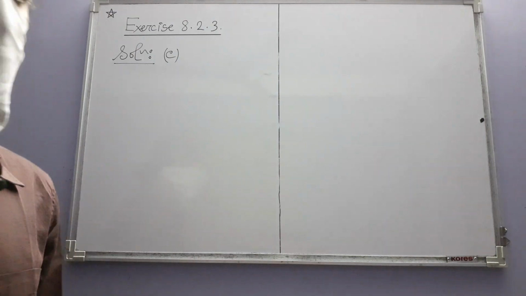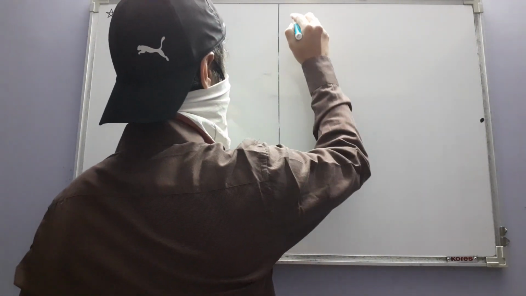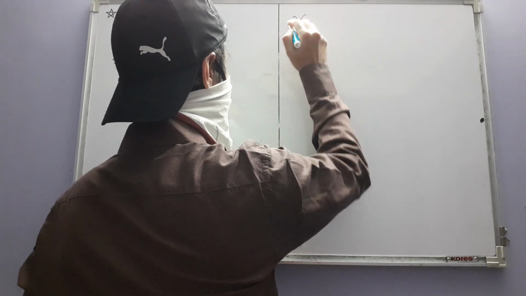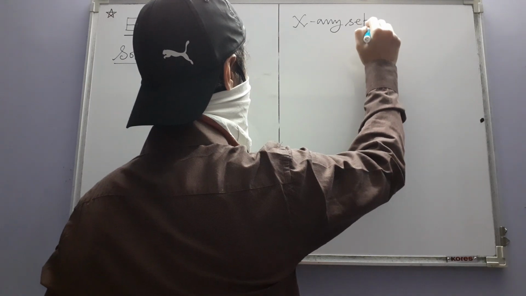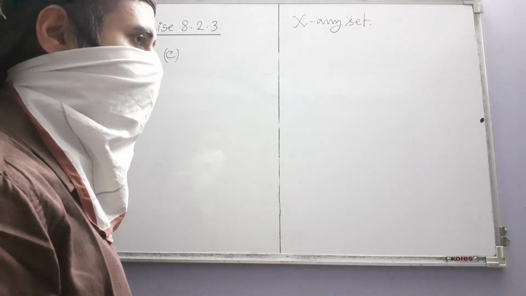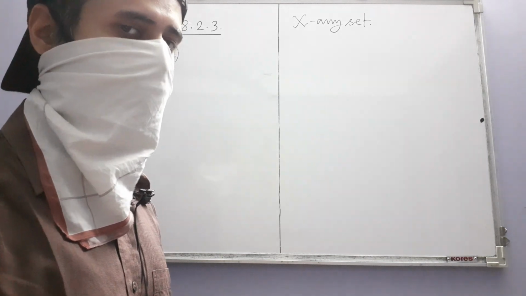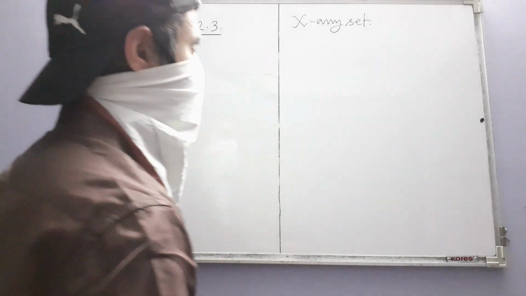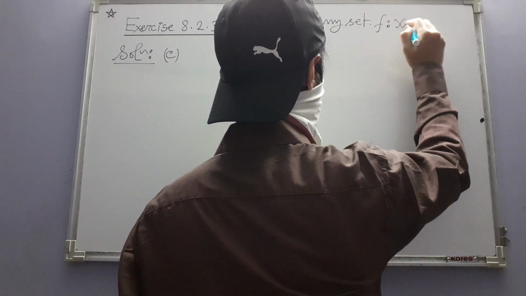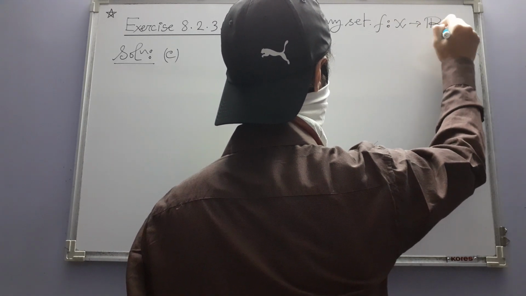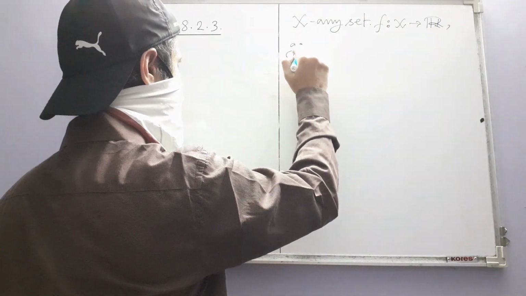So let's recall what this thing was about. It starts with a set X. X is any set, that means X can be finite or infinite, countable, uncountable if it is infinite, any type of set. And two real valued functions are defined on X, f and g.